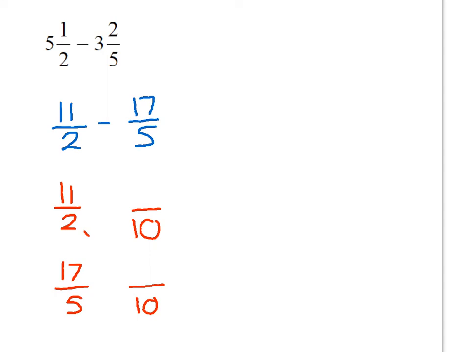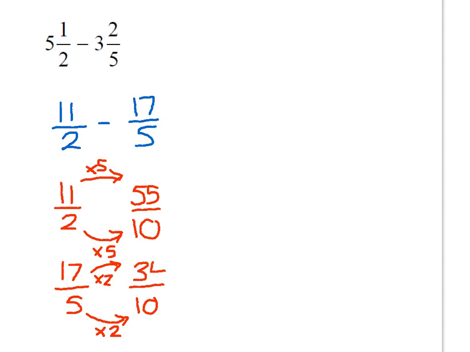So, top fraction, what's happened to 2 to turn it into 10? Well, it's been multiplied by 5, so I'll do the same thing to the top. 11 times 5 is 55. Bottom fraction, 5 has been turned into 10, so that's been multiplied by 2. So if I do the same thing to the top, I get 34.